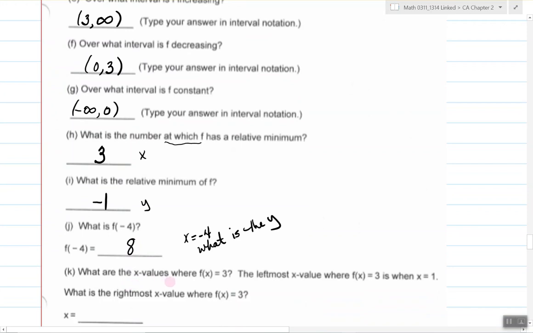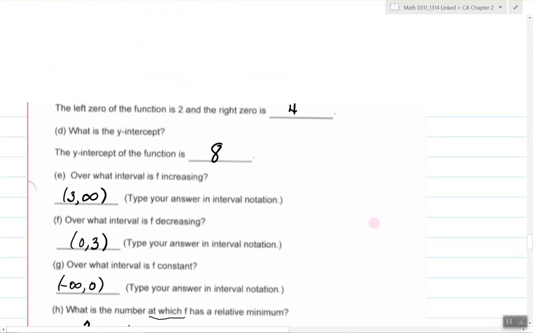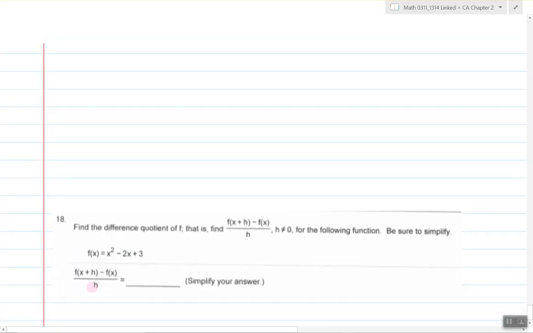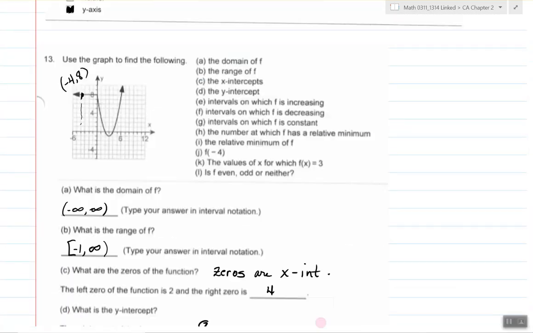What are the x values where f of x is 3? The leftmost x value where f of x, remember f of x is another name for y. When y is 3 is when x is 1. The rightmost x value where y is 3. Okay, let's go back up here. All right.